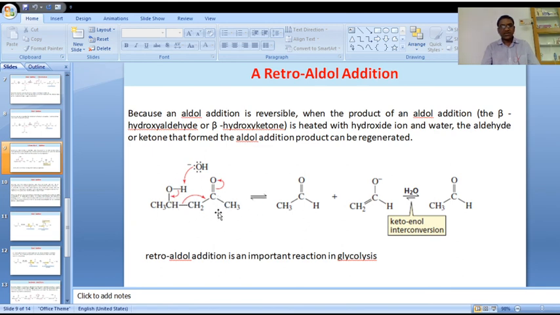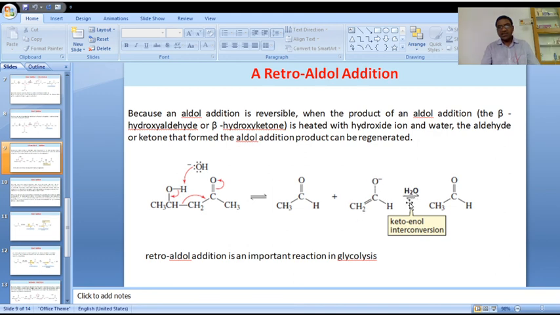This hydroxy ketone, on reaction with the base, the hydroxide ion, generates these two species. First, the aldehyde, acetaldehyde, is generated, and the enolate ion is formed.